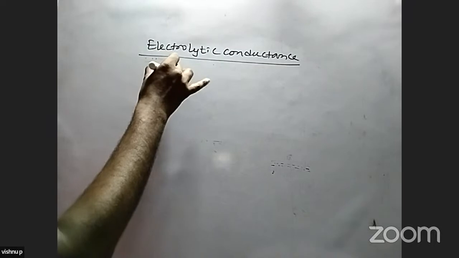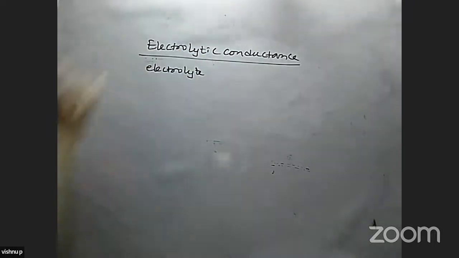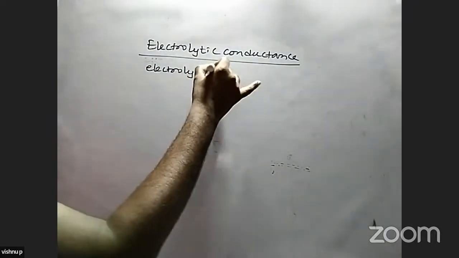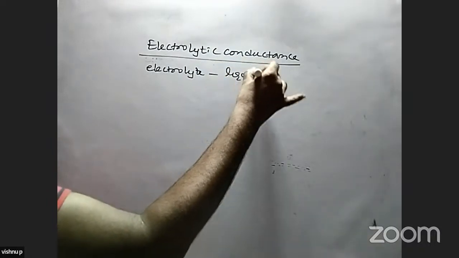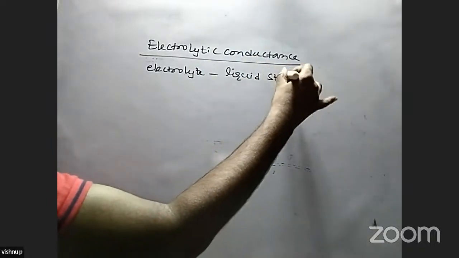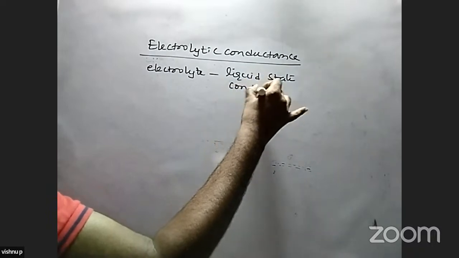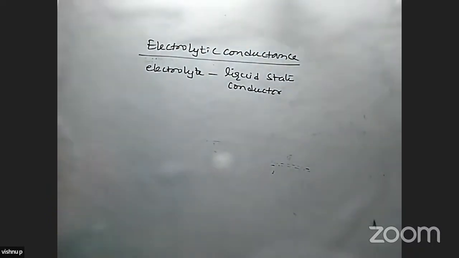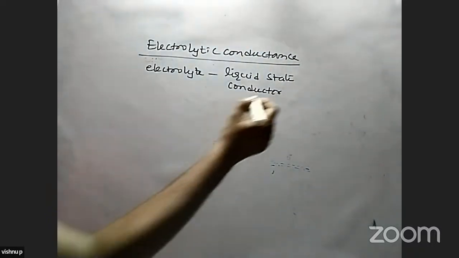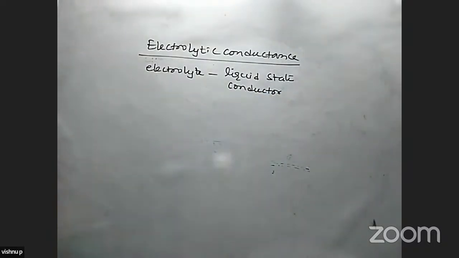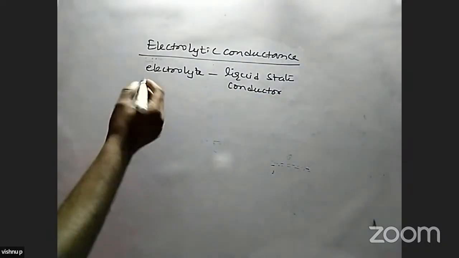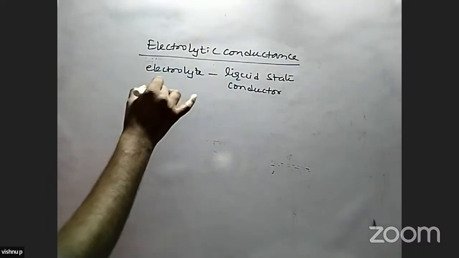What is the meaning of electrolyte? An electrolyte is a liquid state conductor. And what are the liquid state conductors?